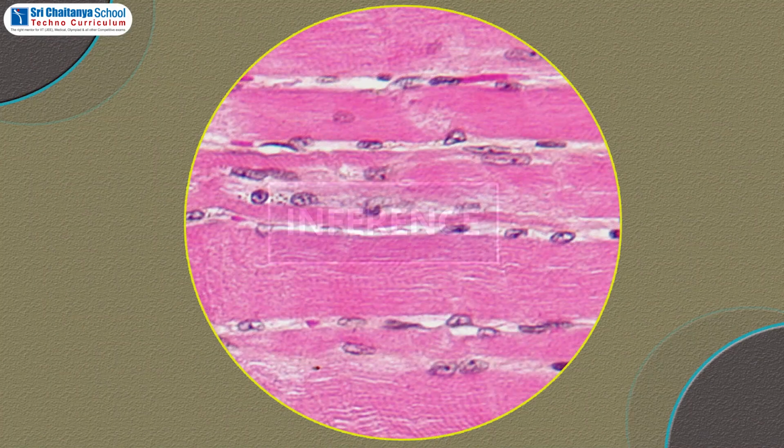Inference. Striated muscle is a multinucleated tissue which has characteristic light and dark bands. Non-striated muscles, that is smooth muscles, consist of spindle-shaped, long fiber-like cells with a single nucleus at the center.